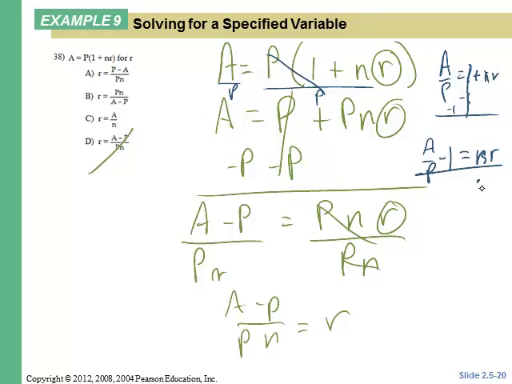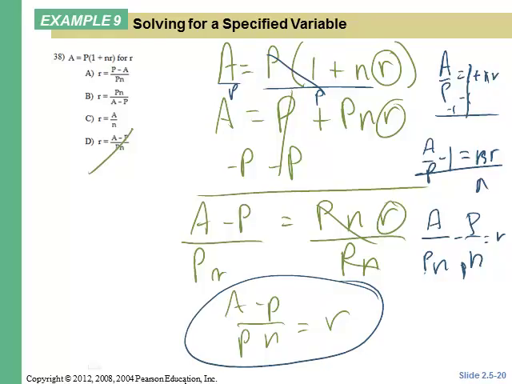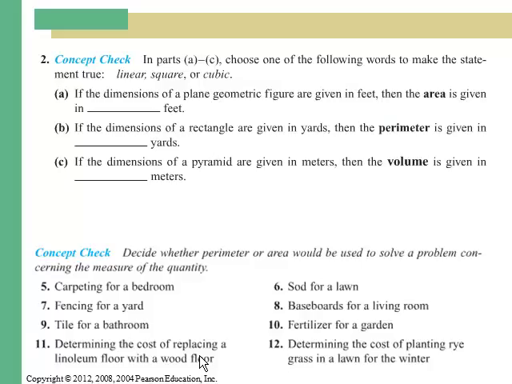Divide both sides by N, and I get A over Pn minus 1 over N equals R. We need to get both of them over a P, so I'm going to put a P on the bottom and a P on the top. And then I have A minus P over Pn equals R.